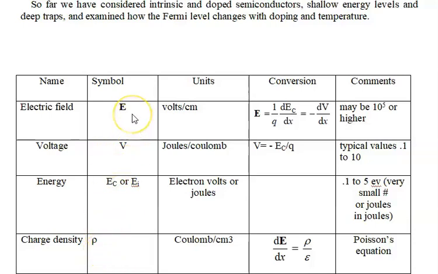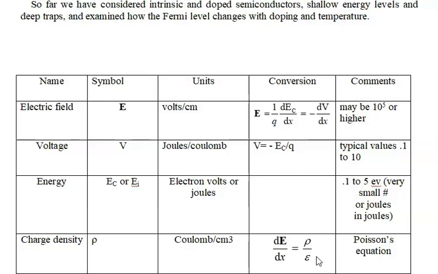The electric field is a vector, and here we have the units of each of these quantities and some of the conversion factors and typical orders of magnitude. And for the charge density, the important relationship is Poisson's equation, which we derived in the previous session.